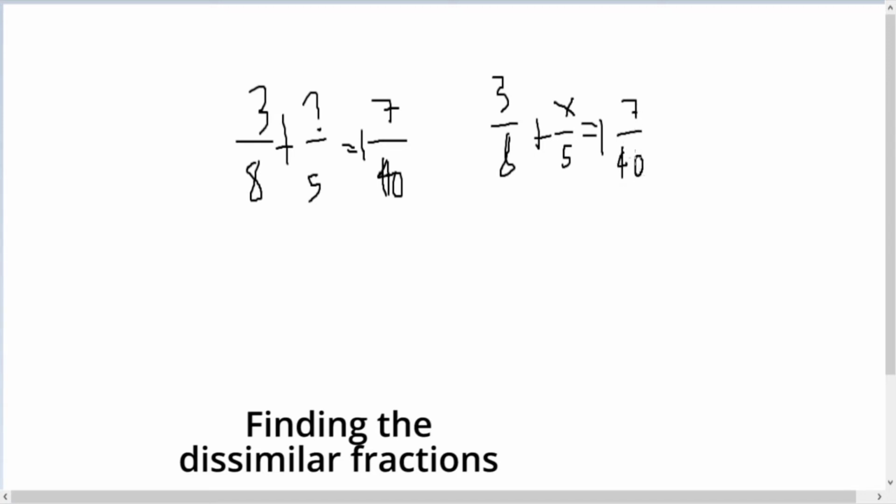Now, this mixed number, how we're going to do this: LCD first. You need to rewrite this 1 and 7/40 as a proper fraction. So now you have 3/8 + x/5 equals.